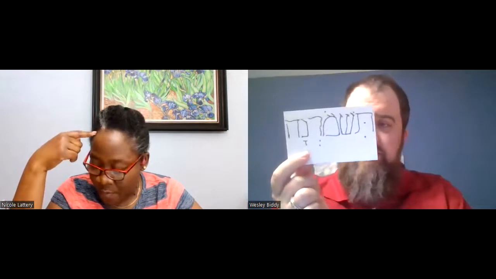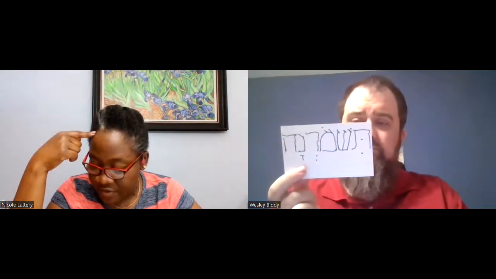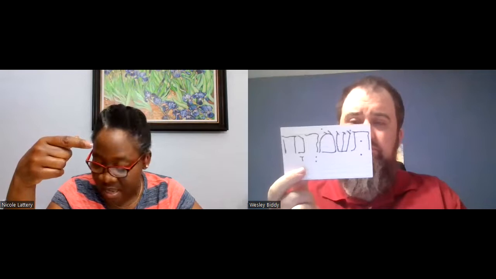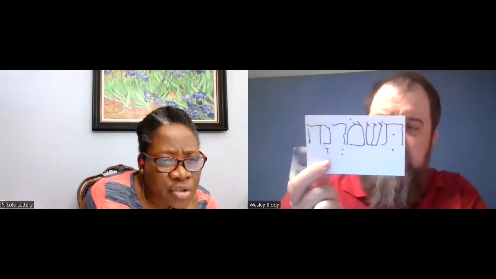But the third has an additional way of being conjugated. So Tishmorna is imperfect, second or third feminine plural. So you will keep, or they will keep, and it's going to be based on the context.